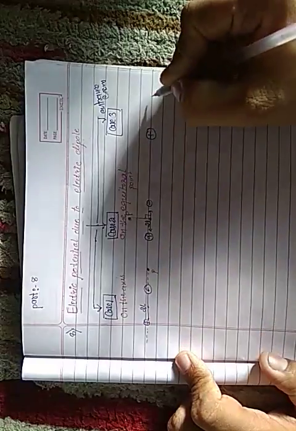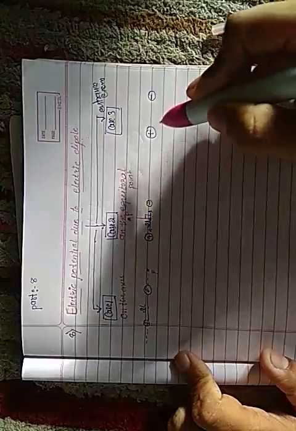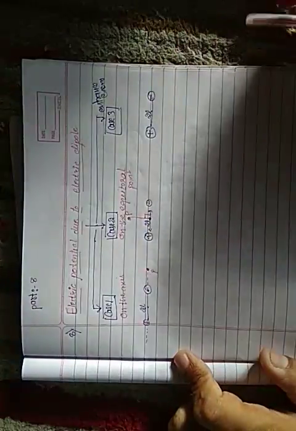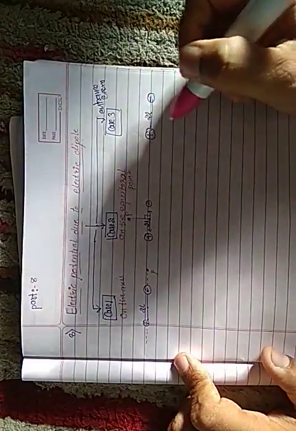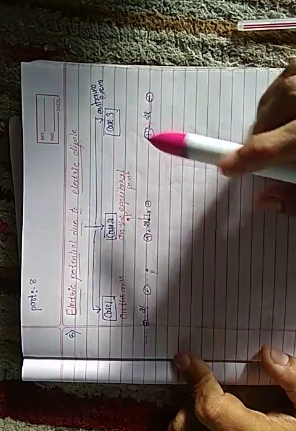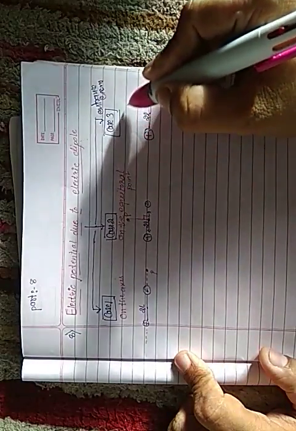Now what is this case? In this case, again choose a dipole, plus minus. The distance between the two charges is 2L. Now students, we have to choose a point anywhere, either on the axis, equatorial, anywhere you can choose a point.